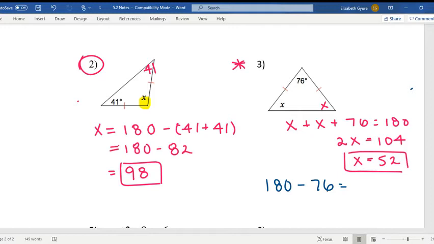You would realize you had 104 degrees, right? But if those two angles are congruent, doesn't that have to be split evenly? So that's where that divide by 2 part comes in. 104 divided by 2 would still equal 52. Either strategy is good. I don't care either way. Do what makes the most sense to you.